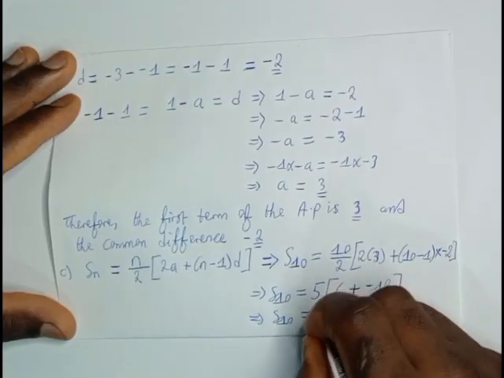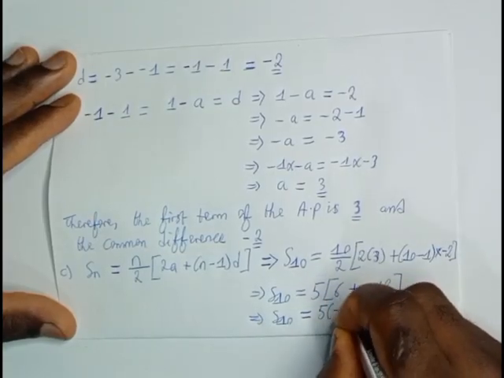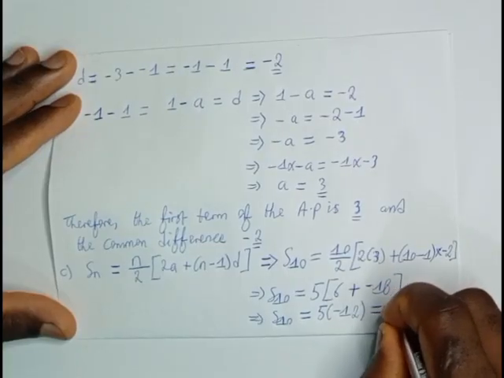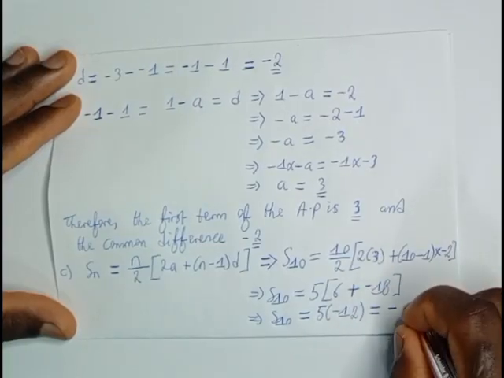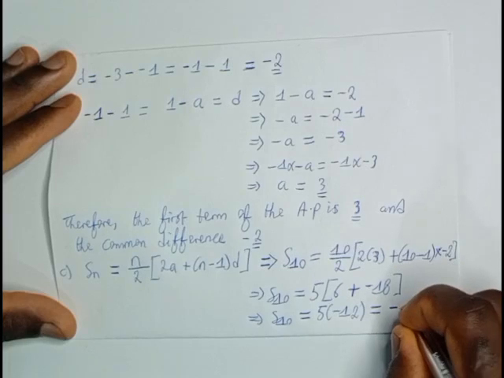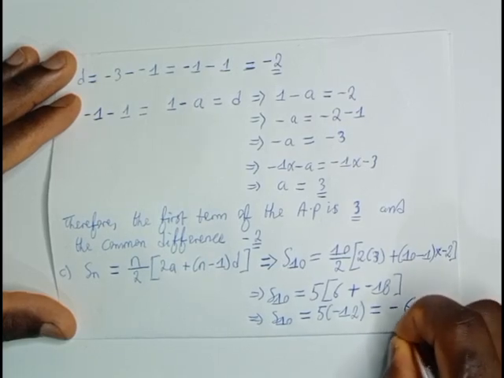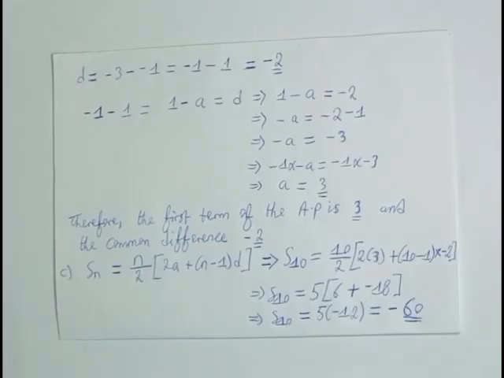So it gives us 5 times negative 12, which is simply equal to negative 60. Therefore, the sum of the first 10 terms of the AP is negative 60. We are done with the solution.